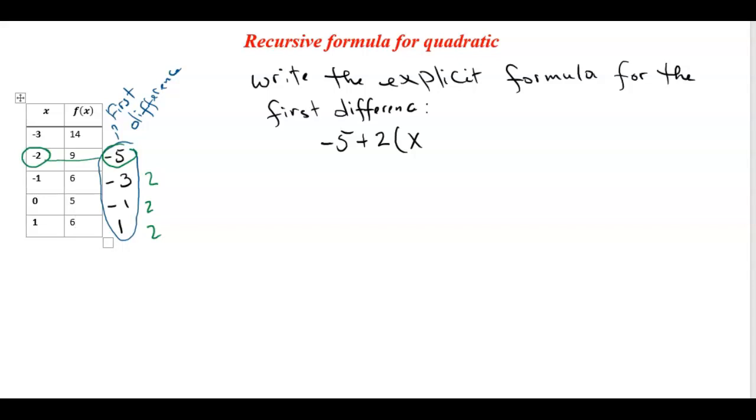So that's negative 2 minus negative 2, right? Two negatives together change to a positive, so that becomes a positive 2.